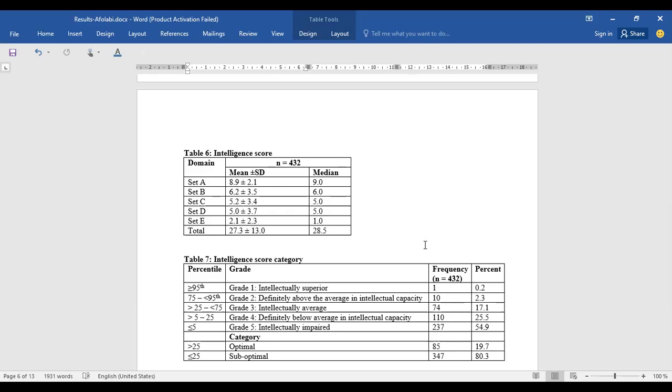Now, arranging all these tables from all the analysis, I try to arrange them based on the objectives. The first objective is to determine the nutritional status of the adolescents. That will be after the social demographic, which has to come first in anything you are doing.